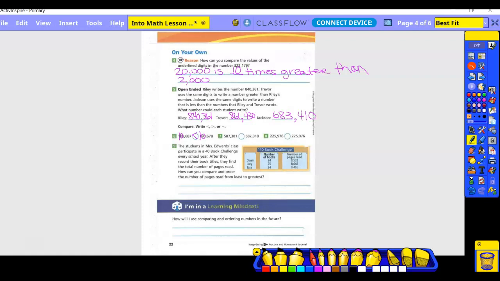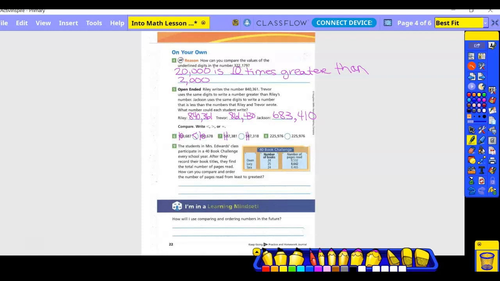Number 7, 587,381 compared to 587,318. Do we have the same number of place values? Up to the 100,000, is 5 in both of the 100,000 spots? Yes, so we're going to mark off the 5. Is 8 in both of the 10,000 spots? Yes, so we're going to mark that off.